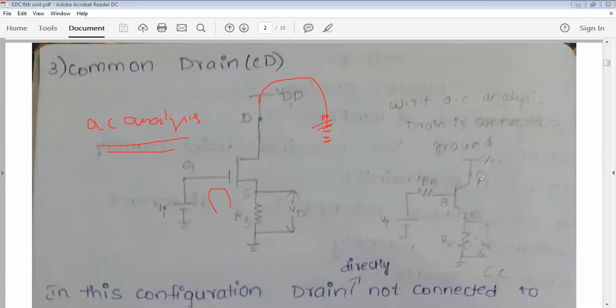Here also it is the same: how can we say the collector is common to input and output? With respect to AC analysis, the collector terminal, which is at DC, is connected to ground. So with reference to AC signal analysis, the collector is connected to ground, and it is common to input and output. This is about the configurations of FET.